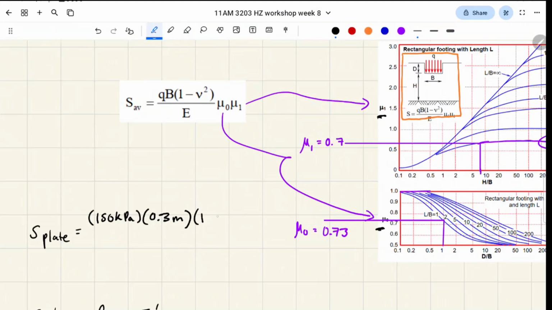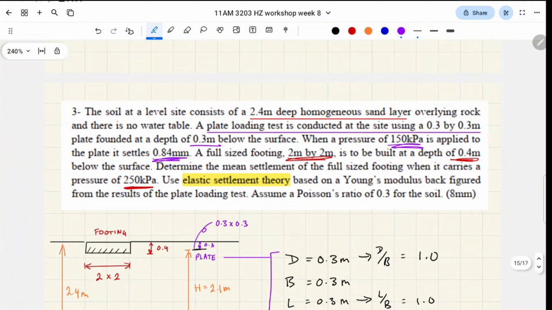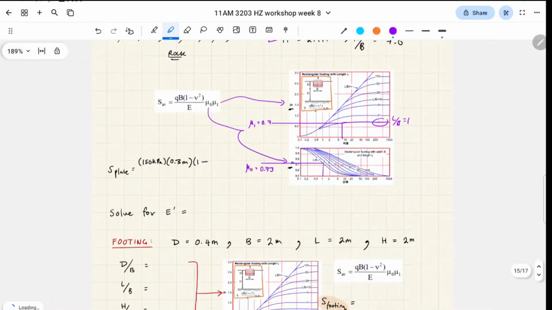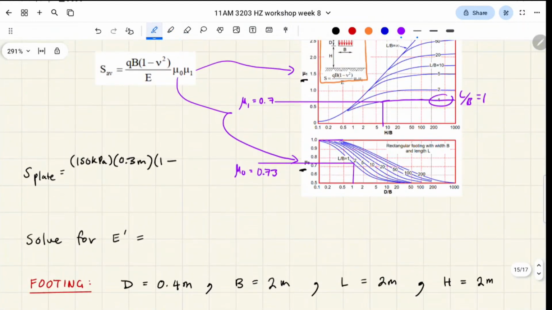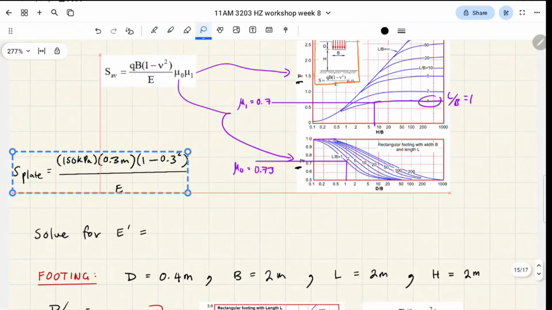We were also told the Poisson ratio for the soil is 0.3, but that's just given in this question. And all over the elastic modulus, which is actually what we're working out. So I'm going to leave that as E. I'm going to move this across.